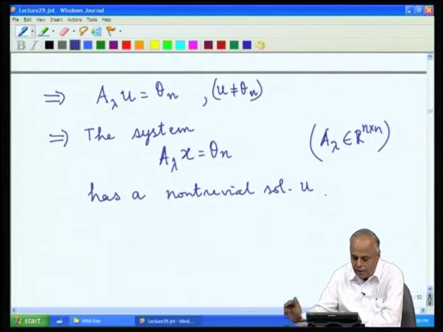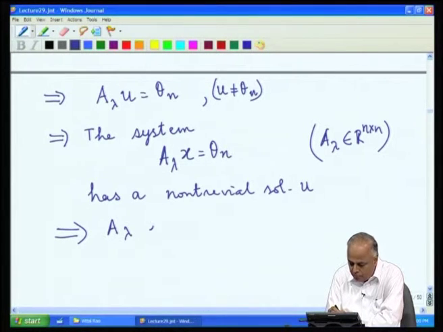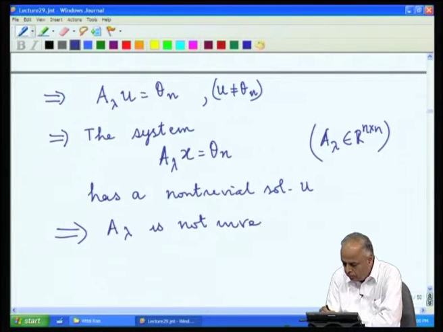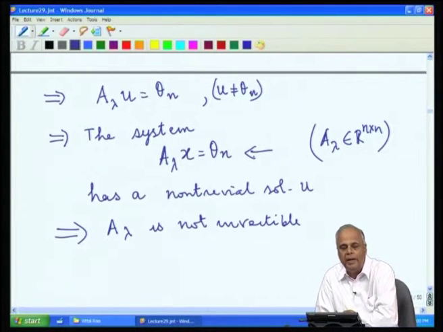This immediately tells us that A lambda is not invertible, because if A lambda were invertible, this system would have x equal to A lambda inverse theta, which is 0. So, x would be 0, but we have a non-trivial solution u.